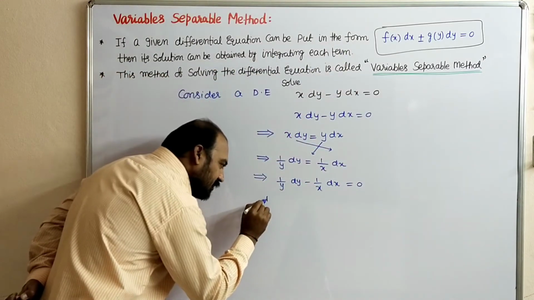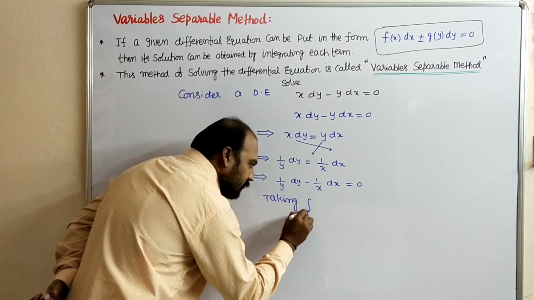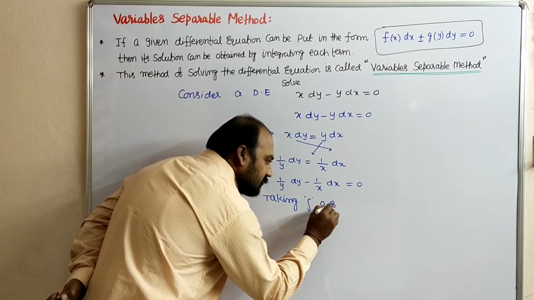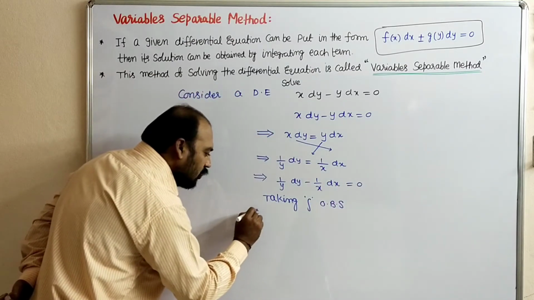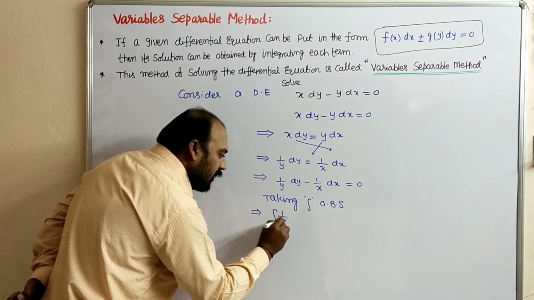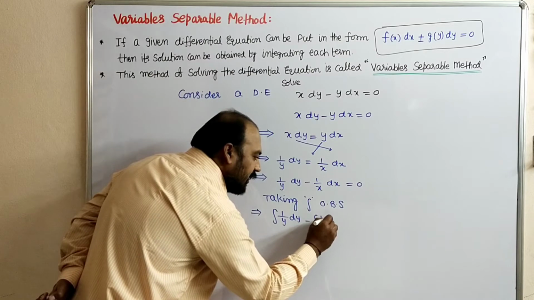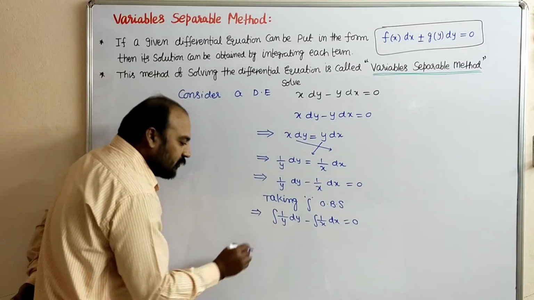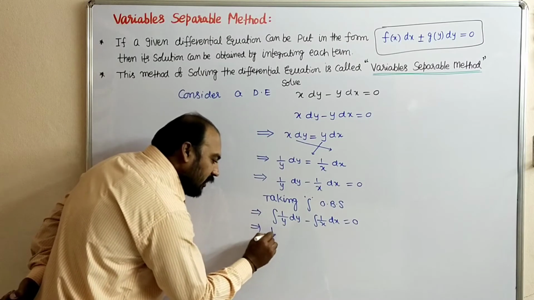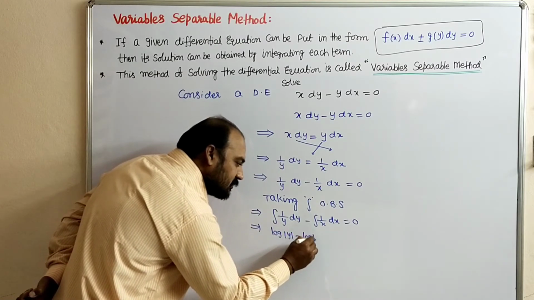So taking integration on both sides. Even here the integral of 0 is 0 only. So now the integral of 1 by y dy minus the integral of 1 by x dx is equal to the integral of 0. The integral of 1 by y is log mod y, minus log mod x.